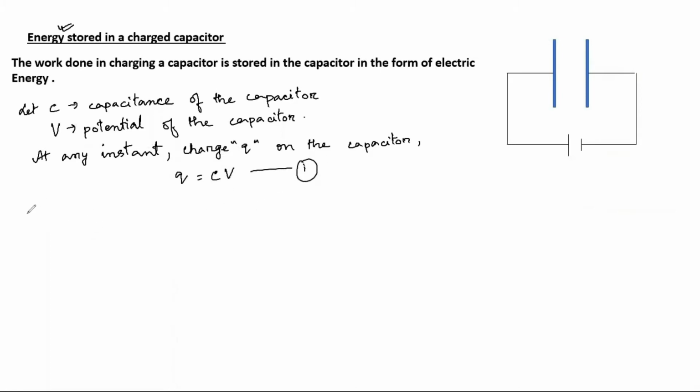Now again, we are going to assume that dq is a very small, infinitesimally small amount of charge.